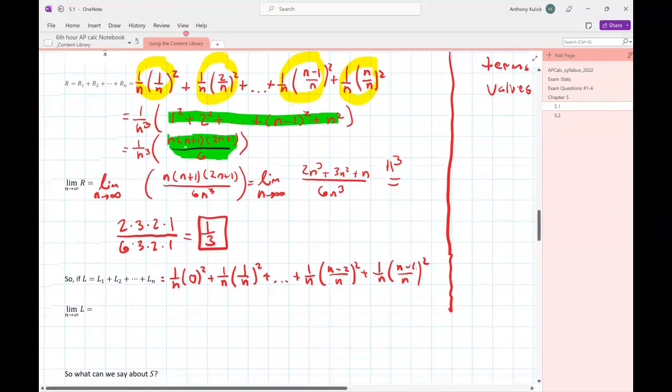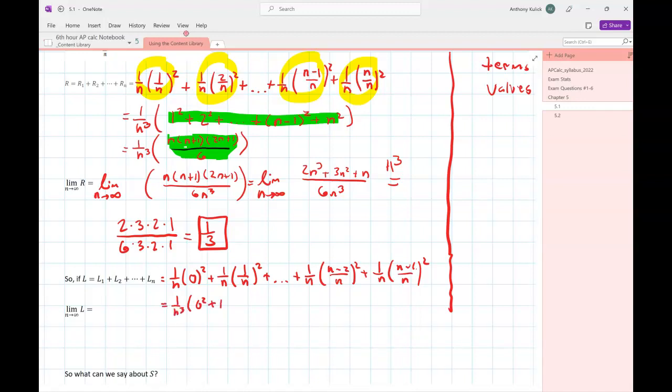Now, does any of that make a lick of difference? It's still going to be the sum of squares, right?